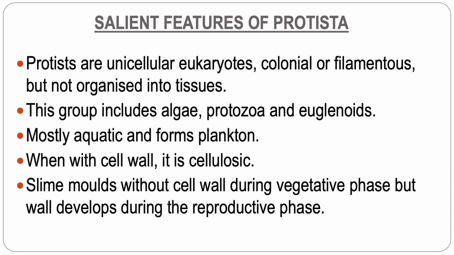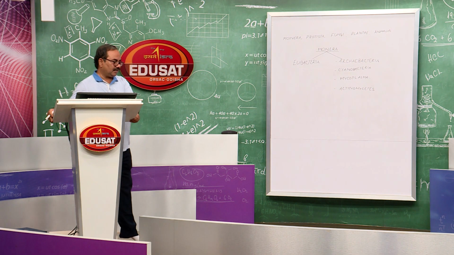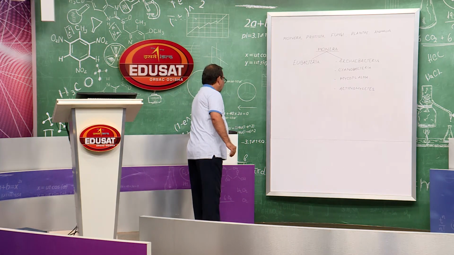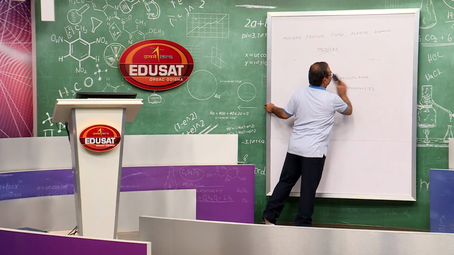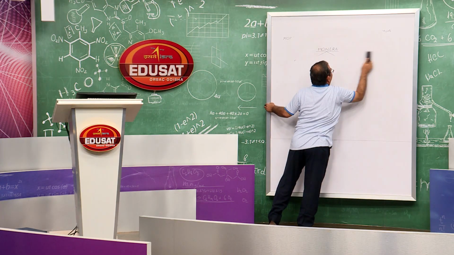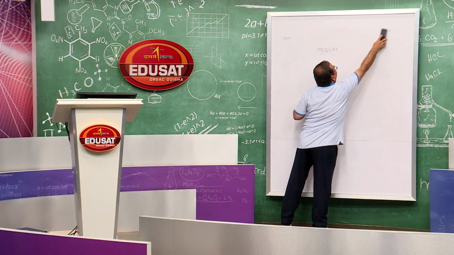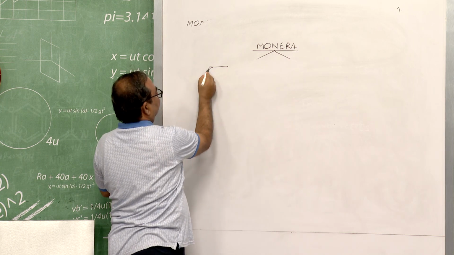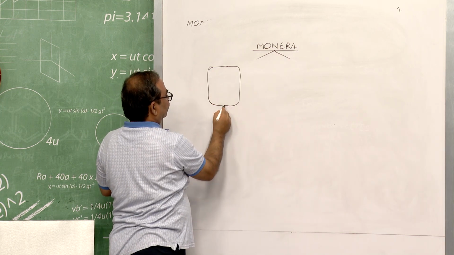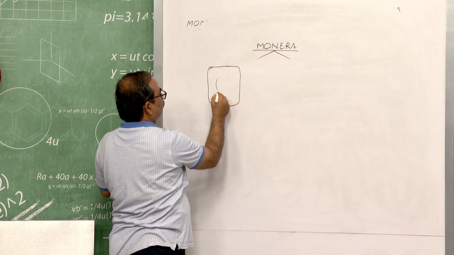We have already discussed that protists are unicellular, eukaryotic, colonial or filamentous, but not organized into tissues. The basic difference between the protists and the Monera is that the Monera are the prokaryotic ones, whereas the protists are eukaryotic ones. We have already discussed that the prokaryotic cells do not have a nucleus.